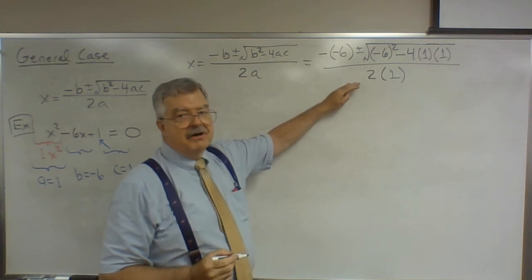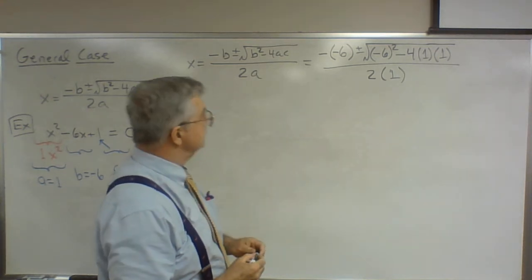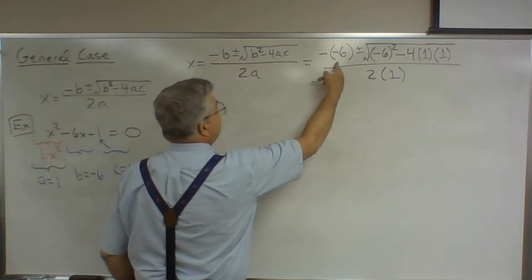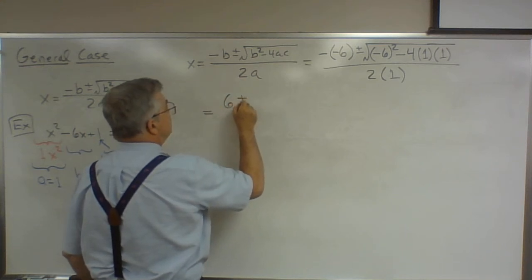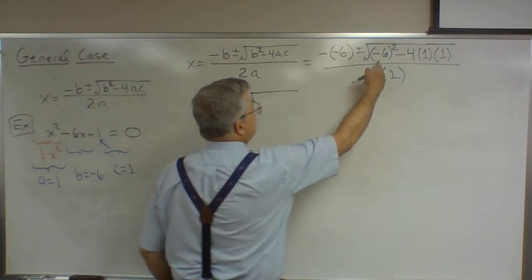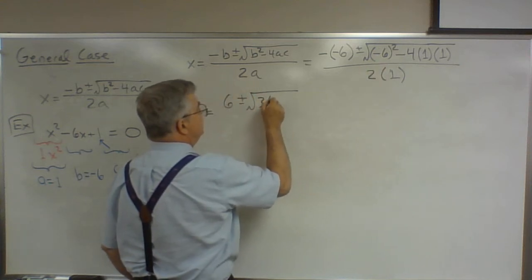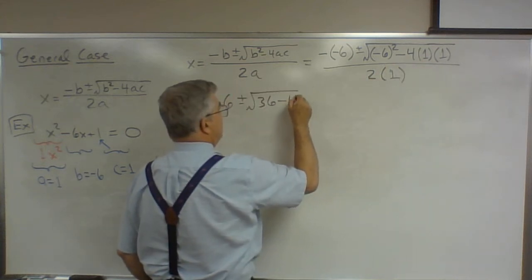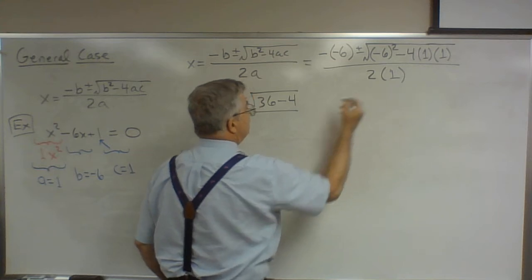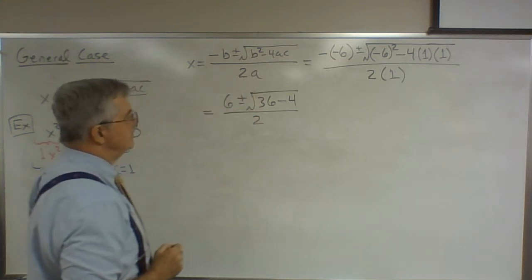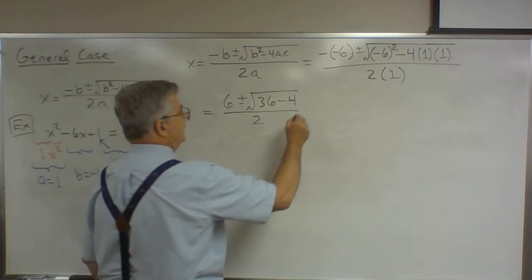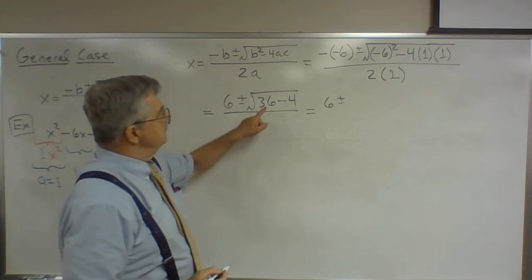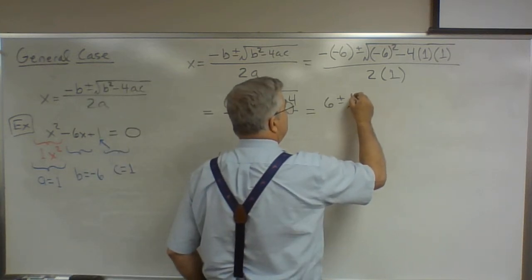This is going to give us our solutions to the quadratic equation. So this becomes 6 plus or minus the square root of negative 6 squared, that's 36, minus 4 times 1 times 1, that's minus 4, all over 2 times 1. 36 minus 4 is 32.